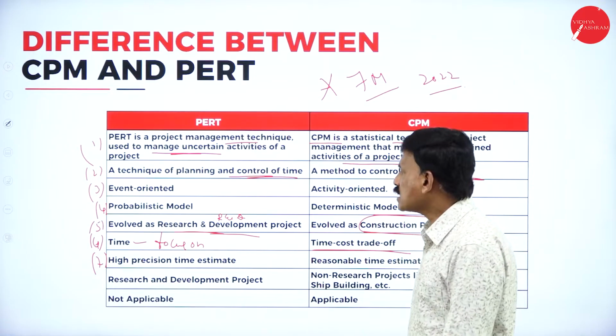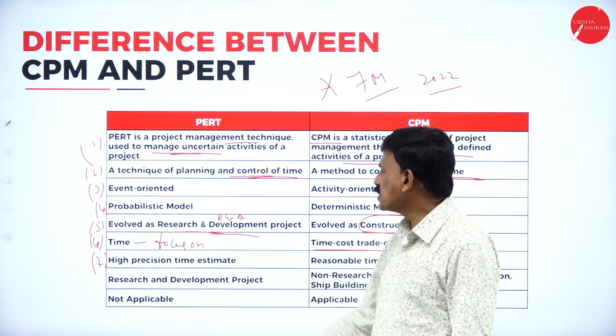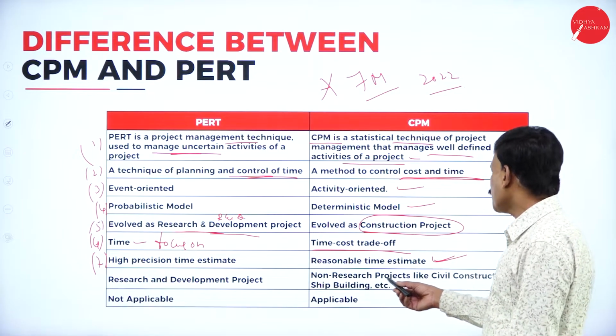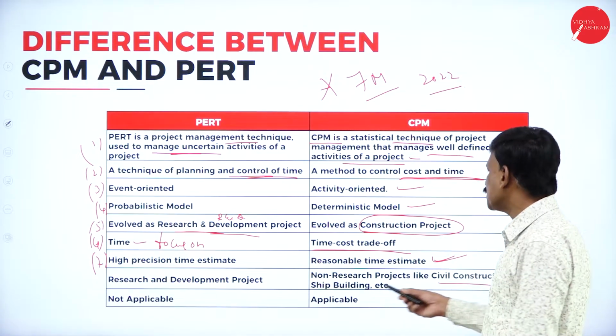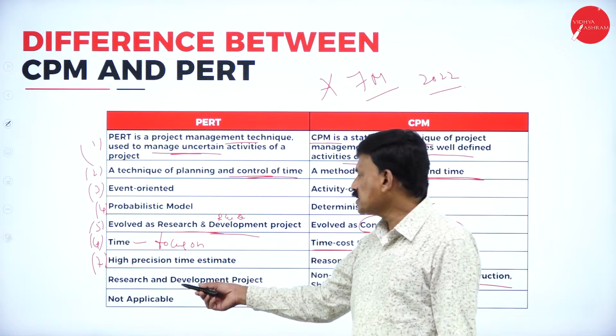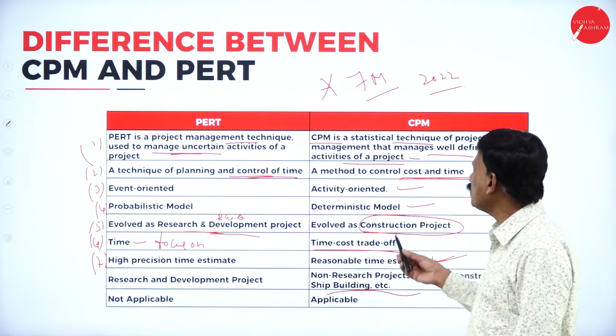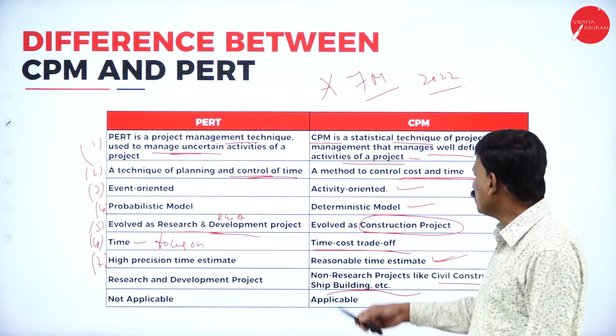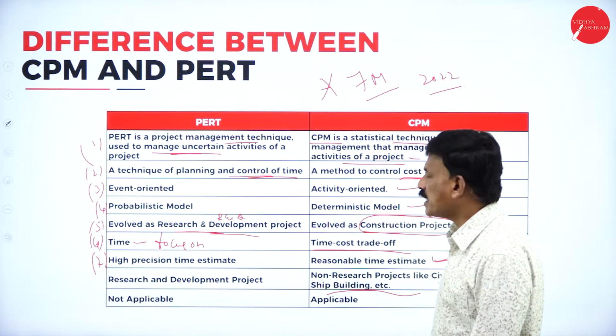Okay. Now, let us come to the next. PERT is used in research and development projects, whereas CPM is used in non-research projects like civil construction, shipbuilding, etc. Now, what about the crashing concept?